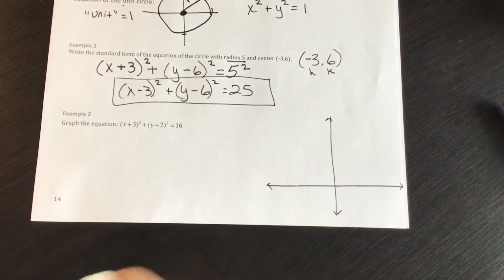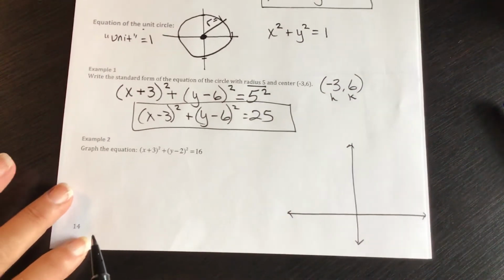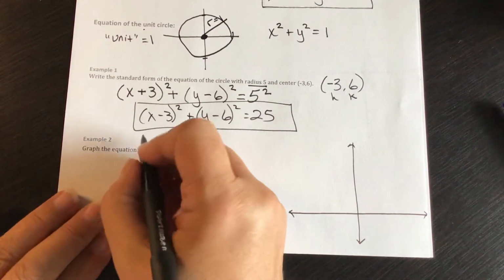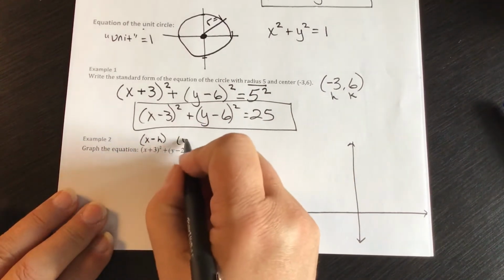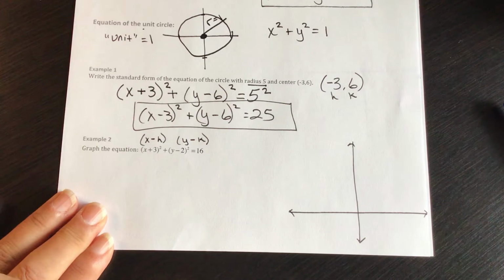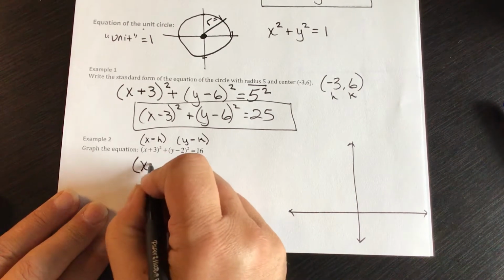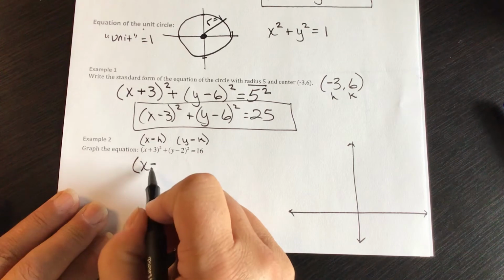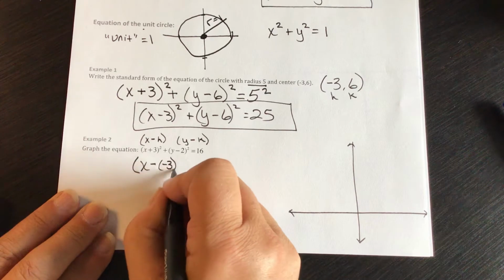Now they're asking us to graph a circle that has this equation. The first thing we need to do is to determine where the center is. Now remember, if I have x minus h and y minus k, I need to find the numbers that are subtracted from x and y here. So if I were to rewrite this as x minus, it has a plus here, but I need to be subtracting that value, this would be negative 3.